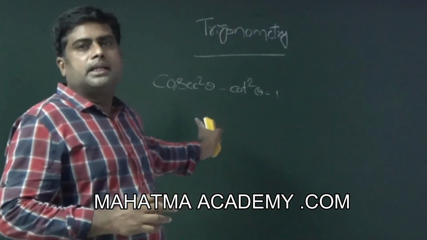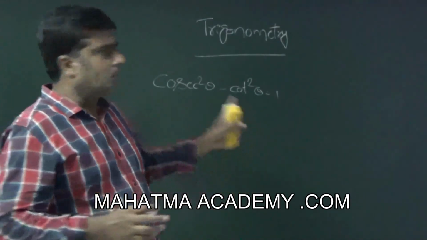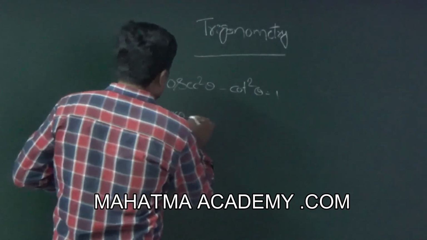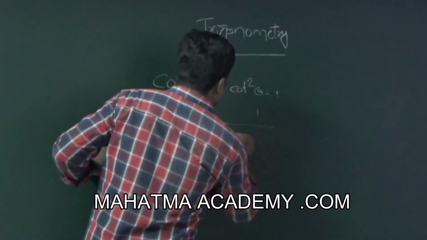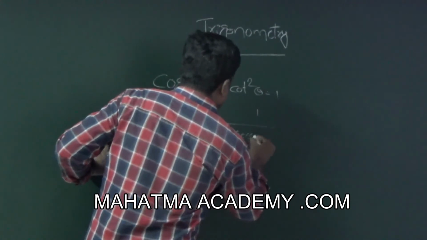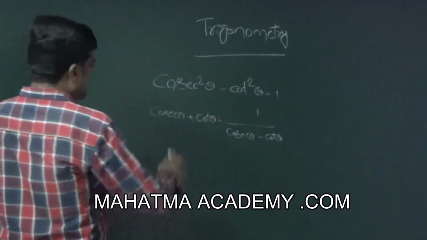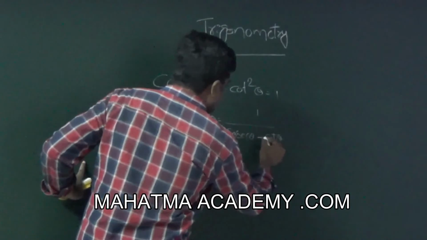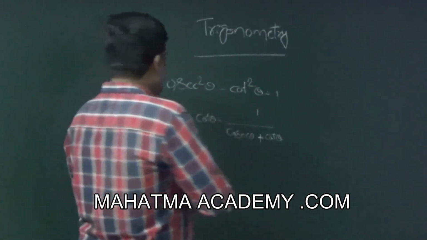Therefore, cosec theta plus cot theta into cosec theta minus cot theta equals 1. Cosec theta plus cot theta equals 1 upon cosec theta minus cot theta. Similarly, cosec theta minus cot theta equals 1 upon cosec theta plus cot theta.